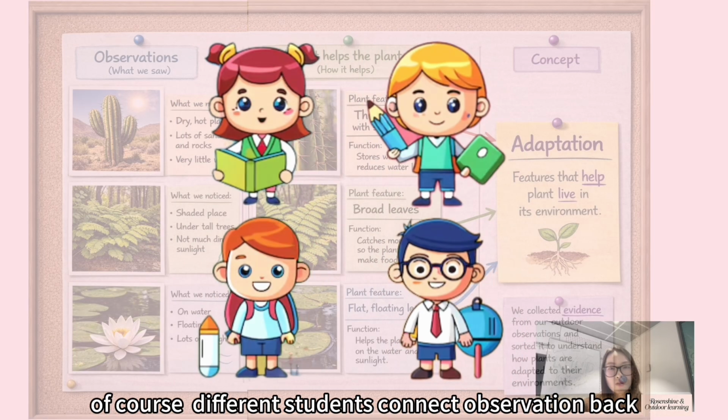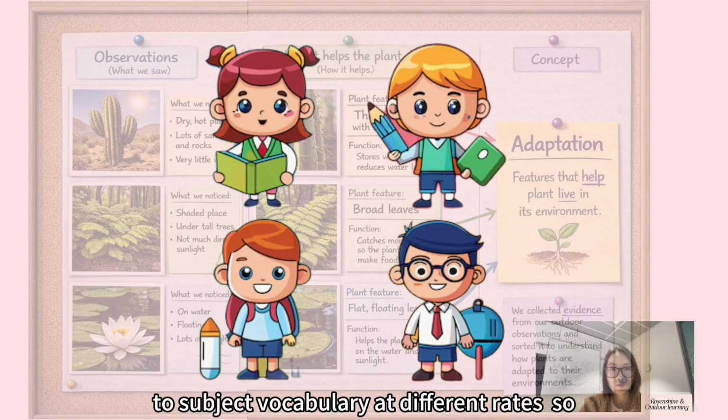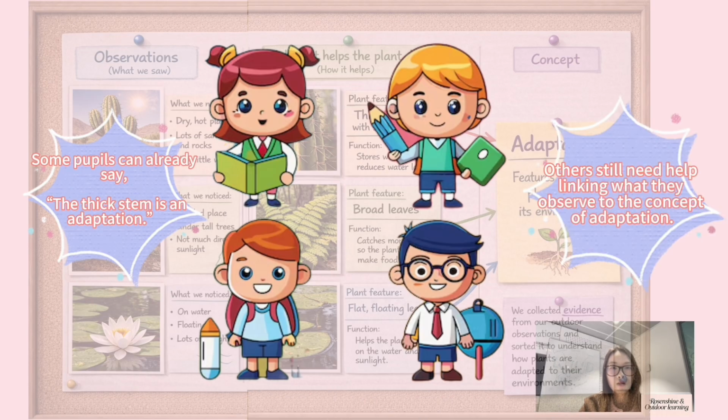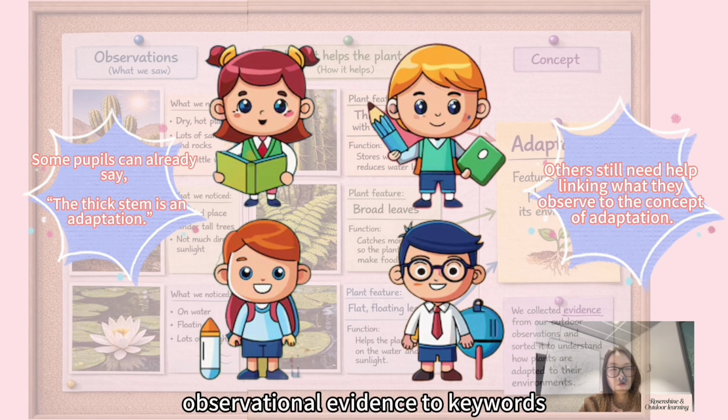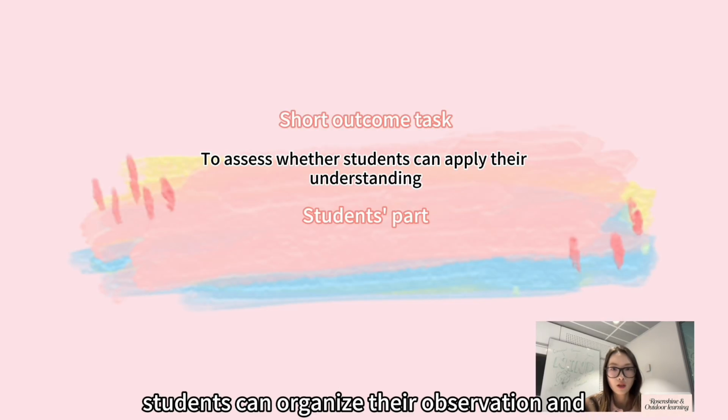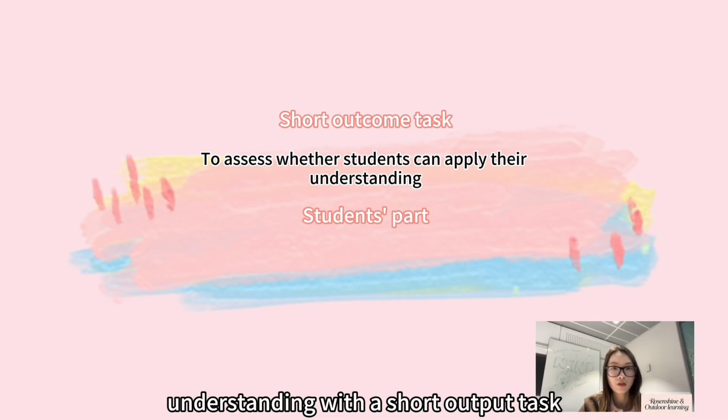Of course, different students connect observation back to subject vocabulary at different rates. So some students may already be able to use these concepts with some confidence, while others still need help connecting observational evidence to keywords. At the end of the course, students can organize their observation and understanding with a short output task.